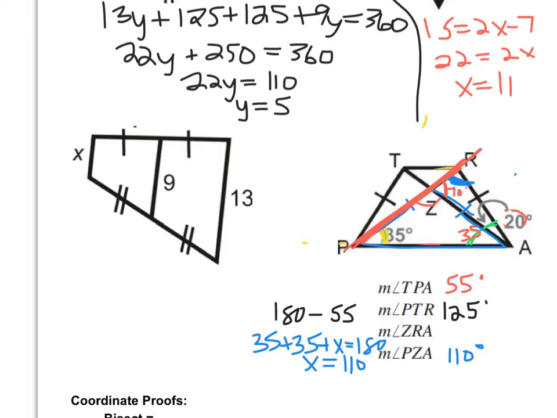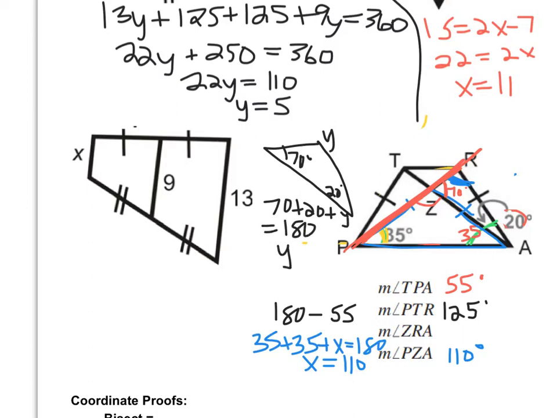I'm going to draw my triangle bigger over here. So this is 70 by the supplement. They gave me that this is 20, and then I can find by, let's call that y, 70 plus 20 plus y equals 180, so y equals 90.